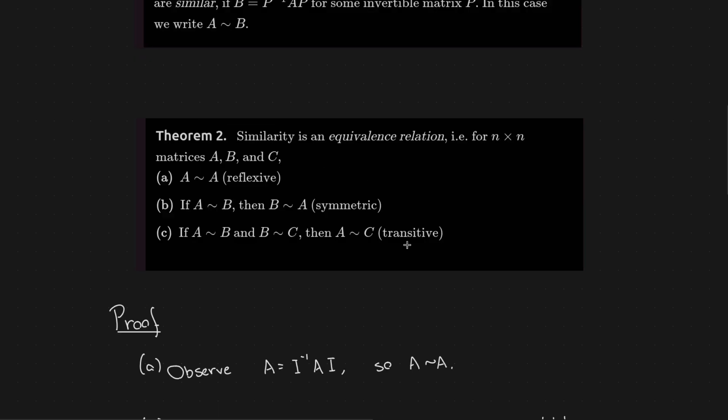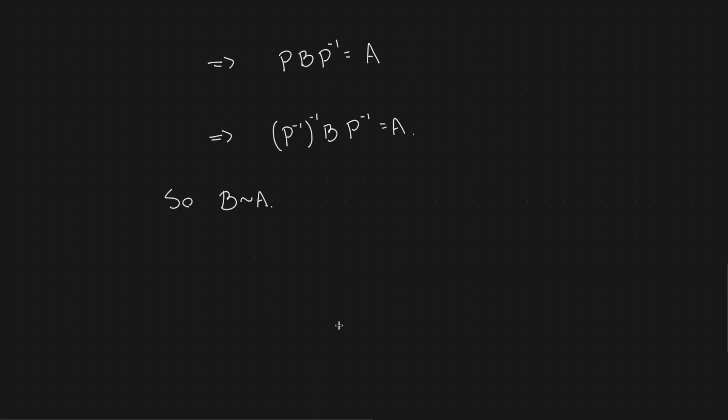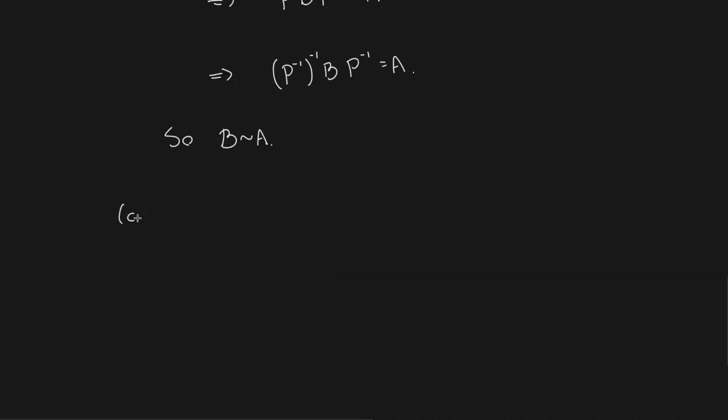Now part C, transitivity. So I know that A is similar to B, and I know B is similar to C. Let A be similar to B, and B be similar to C. So now we're going to use the definition of similarity.